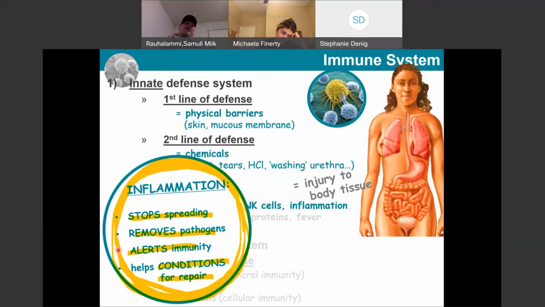So we know that the entire body is now on alert, even though the inflammation might be local. And of course, these conditions, a little warmer temperature, a lot of white blood cells available, rich blood circulation there, all of these things are ideal for repair of the tissues. So they also help with the tissue repair. So inflammation in that sense is really beneficial for us.